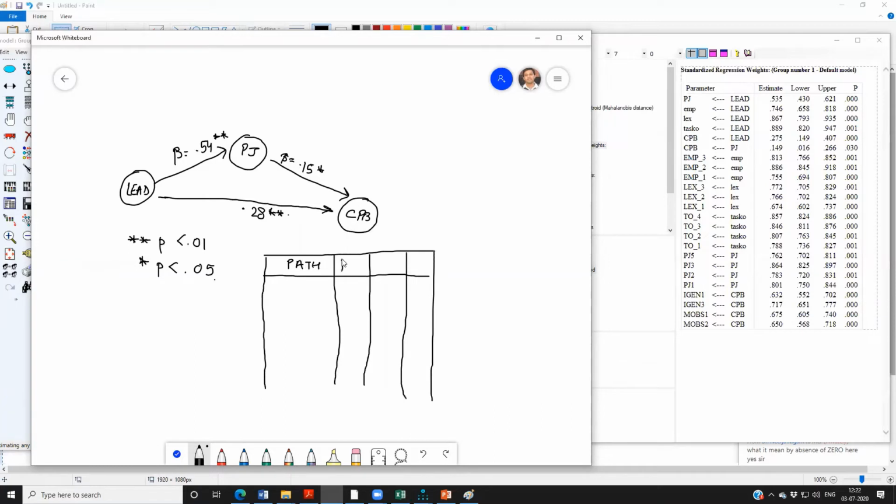I will call the first column path, then the estimate, then the lower limit of the confidence interval, and the upper limit of the confidence interval.